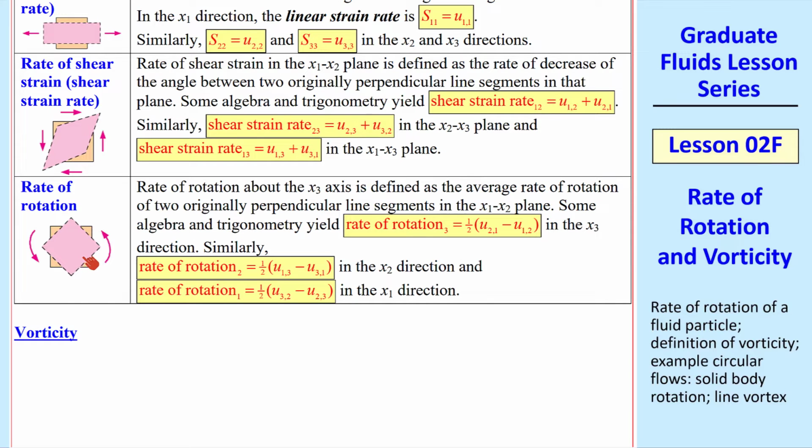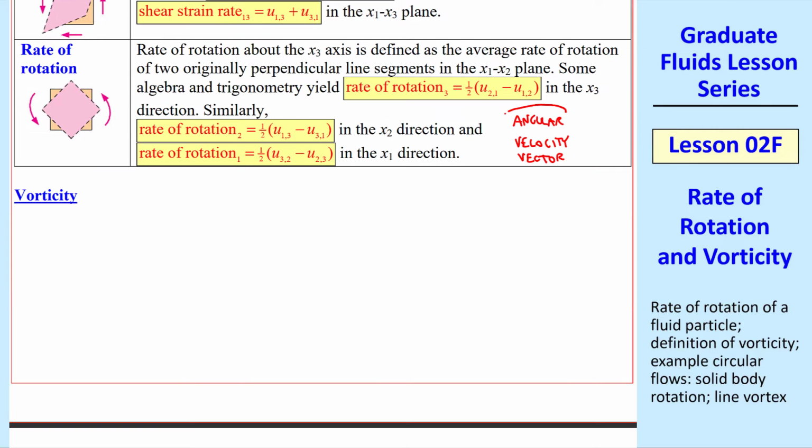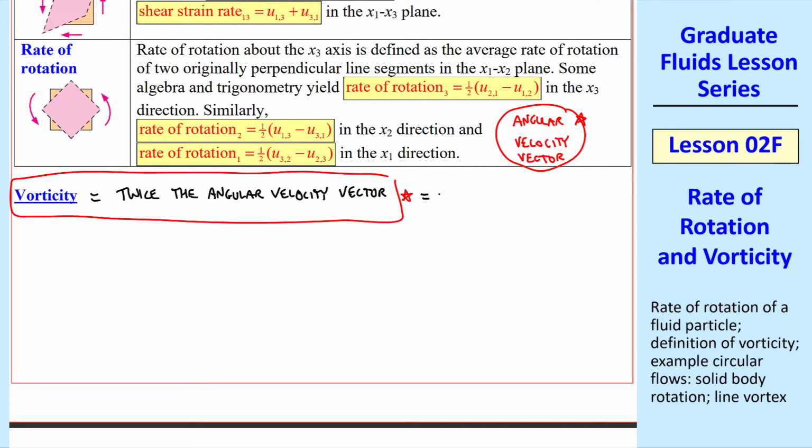Now we just looked at rate of rotation, and we had these 3 quantities. As I said, these 3 are the components of the angular velocity vector. But in fluid mechanics, we typically talk about vorticity instead, which is twice the angular velocity vector. In this course, we'll use omega, which is a vector, or omega i in tensor notation, although some authors use Greek letter zeta, for example in my undergraduate fluid mechanics book.